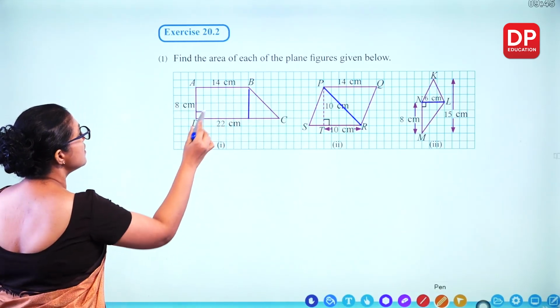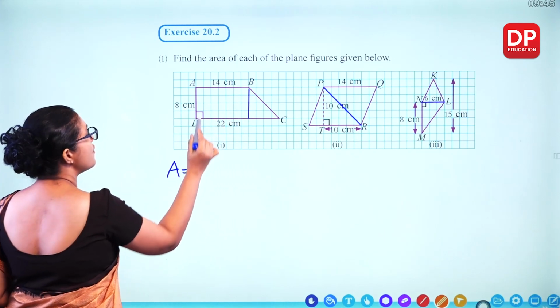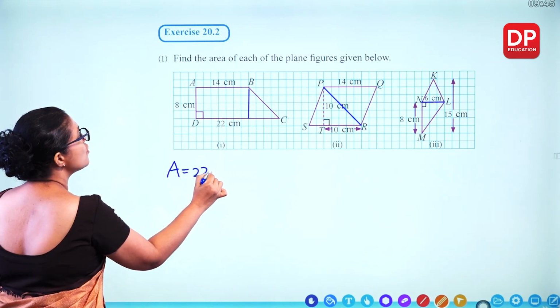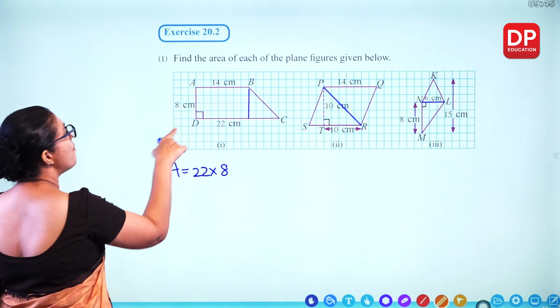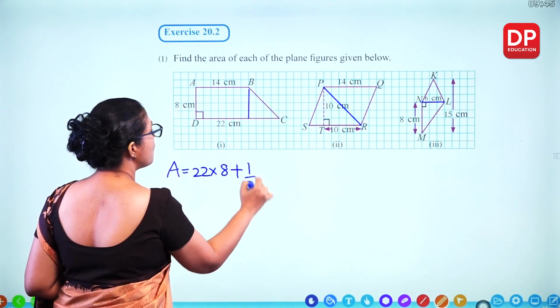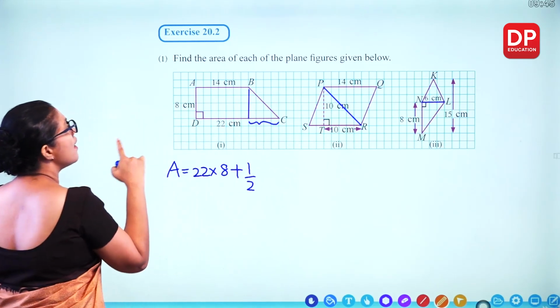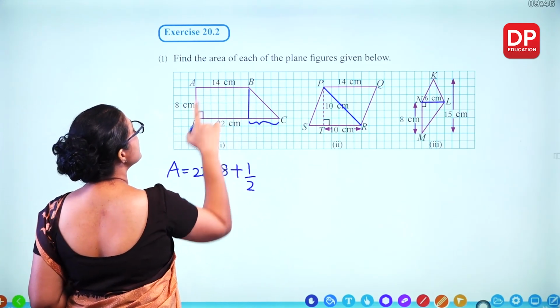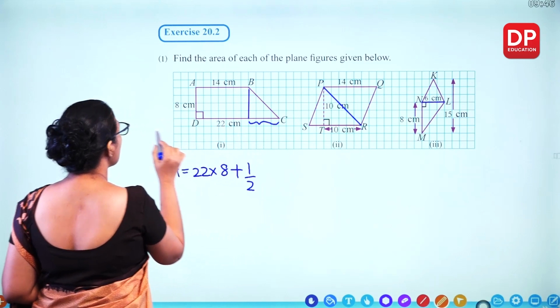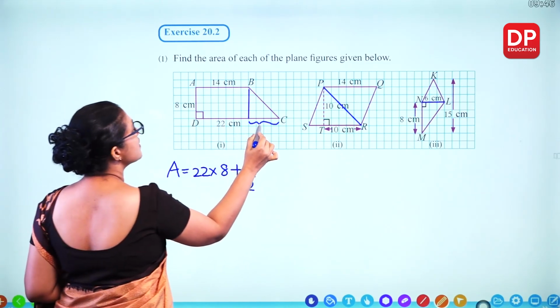First one, total area is the area of the rectangle, length into breadth, 22 into 8, plus half times, what is this length? 22 minus 14, you get 8.